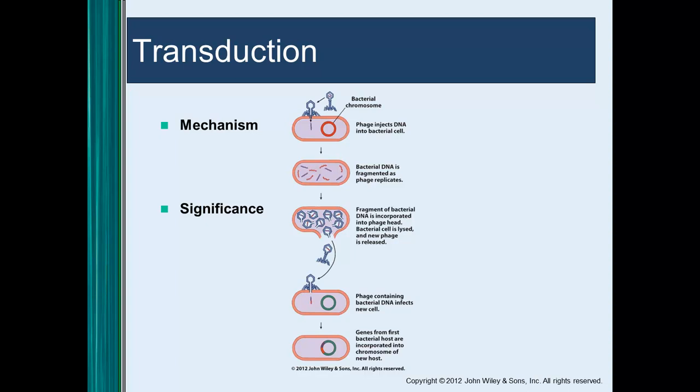Here you can see a bacteriophage infection of a host bacterium will initiate the lytic cycle, and the bacterial chromosome is broken into many fragments, and any of these can be picked up and packaged along with phage DNA into new phage particles. And those particles are released and infect another bacterial cell, and at this time the new host acquires the genes that were brought along or transduced from the previous bacterial host.